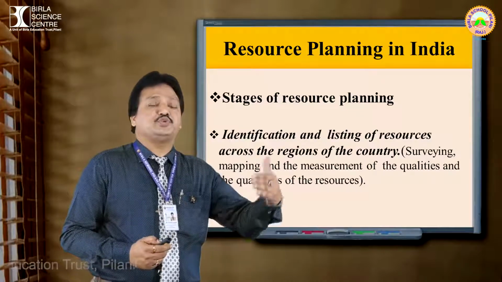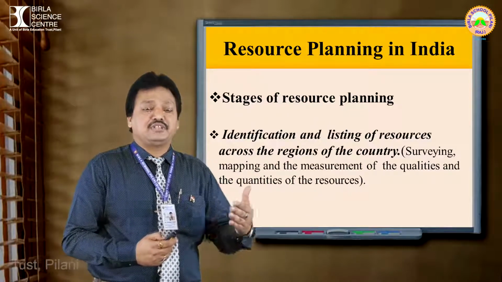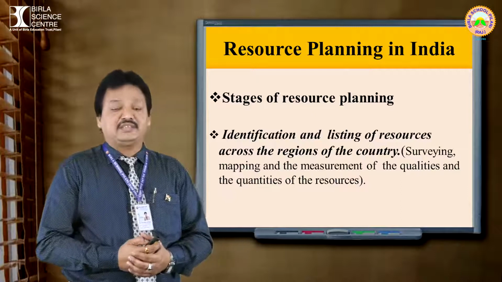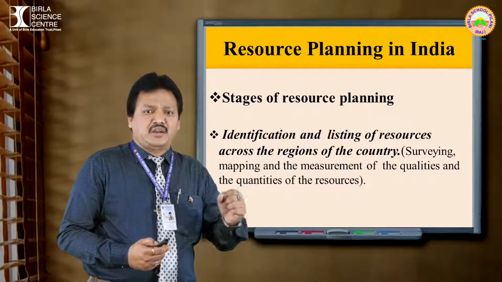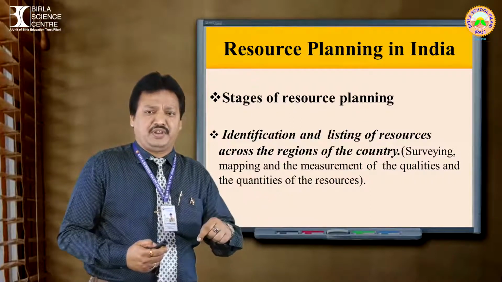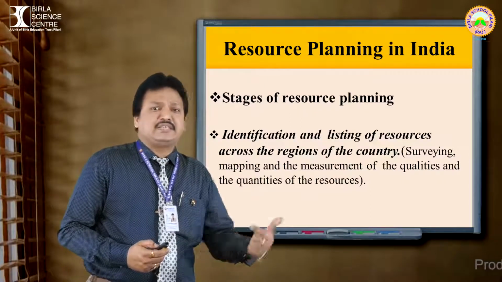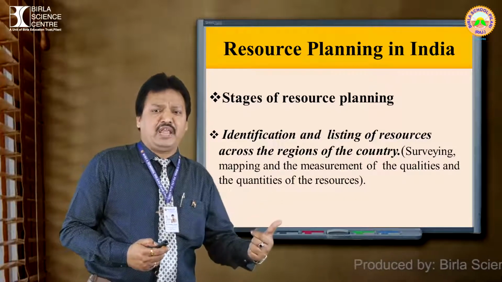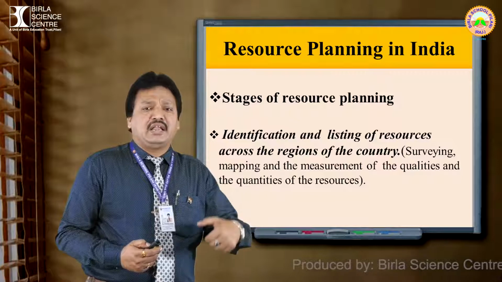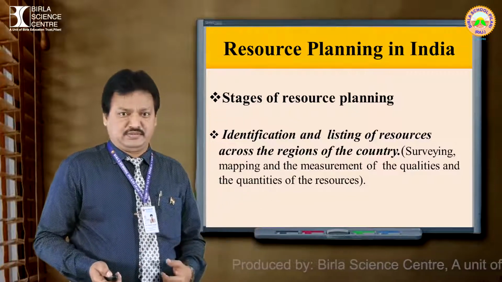So, stages of resource planning in India. First and most important, identification and listing of resources across the regions of the country, which includes surveying, mapping, and the measurement of the quality and quantity of the resources.